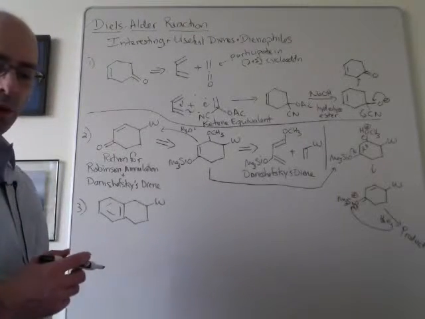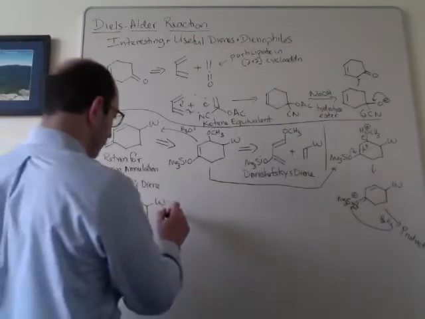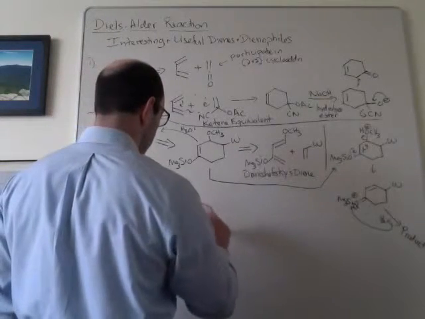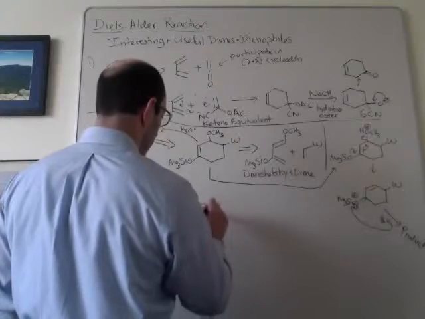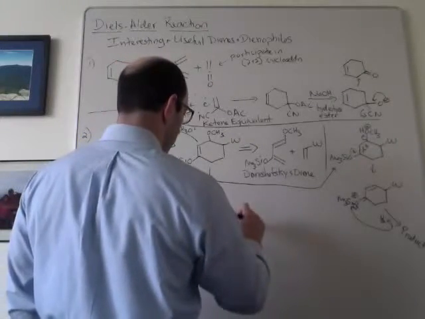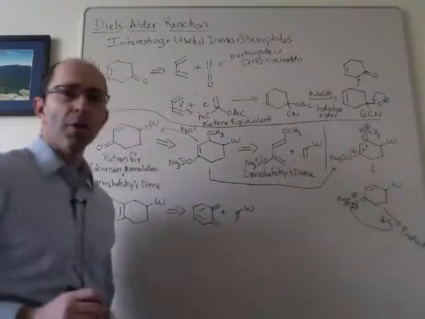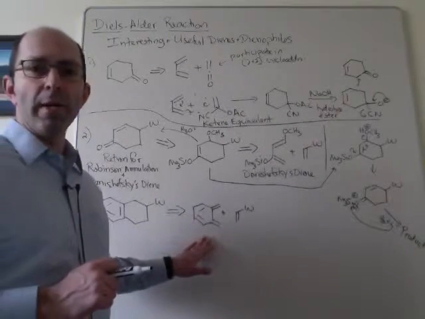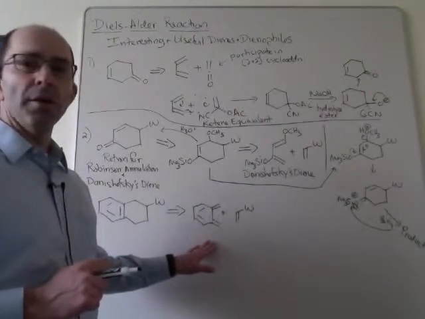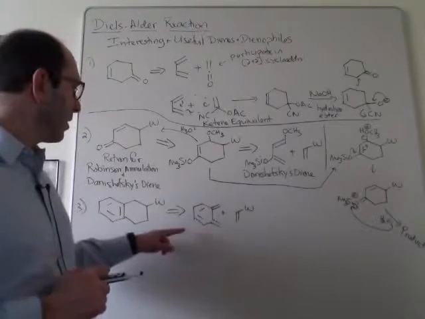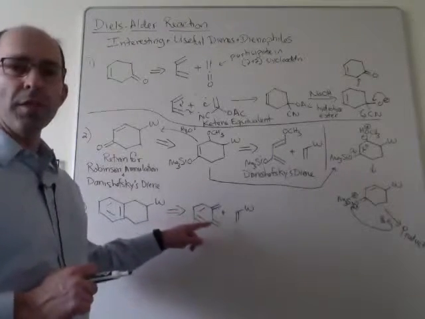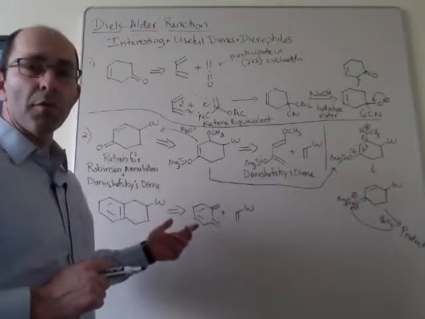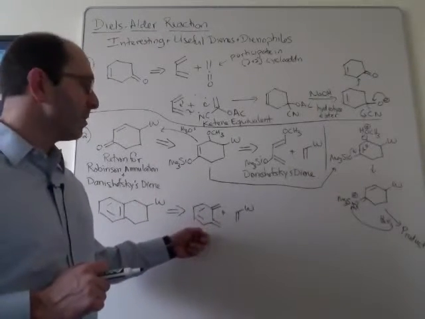If we do our Diels-Alder disconnection, that's the Diels-Alder reaction that we want to do. These sorts of compounds are very, very reactive. You can't buy this. Because you no longer have the benzene aromaticity, it very quickly will revert to benzene by some sort of reaction, and you have to make these things in situ.